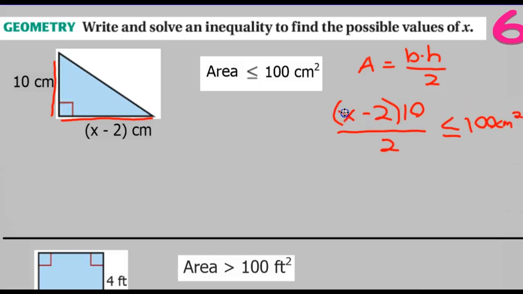What I see first is that I have something on the top here and I have a division problem, divided by 2. So I'm going to multiply by 2 to get rid of that 2. When we multiply on one side, we have to multiply on the other. So we get x minus 2 times 10 is less than or equal to 200 centimeters squared.